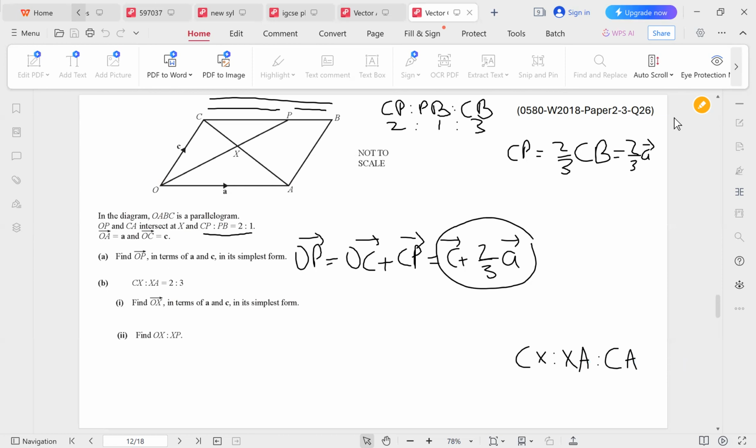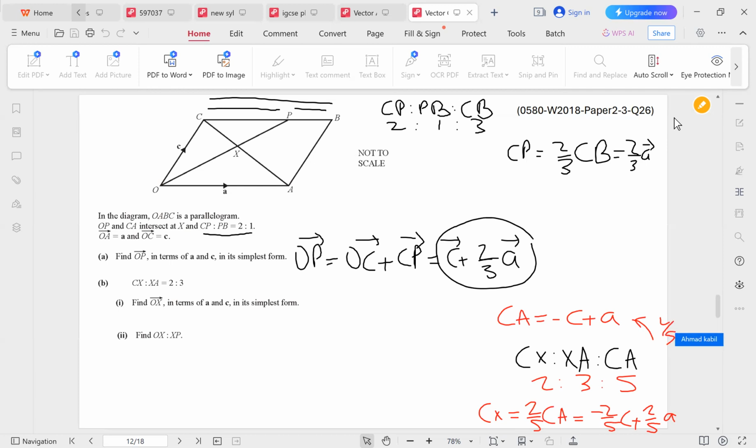And the ratio would be 2 to 3 to 5. Of course, CA can be obtained as CO plus OA, so negative c plus a. And CX would be 2 over 5 CA. And that would be negative 2 over 5 c plus 2 over 5 a. I just multiplied this vector here by 2 over 5.